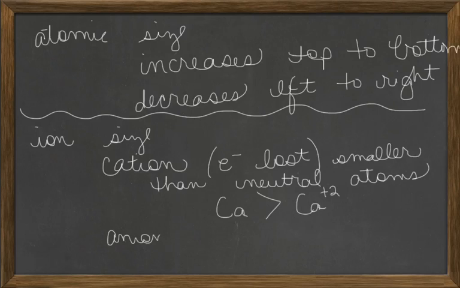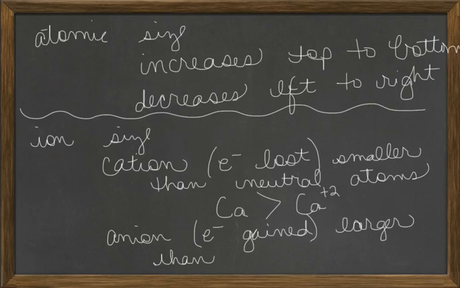Well, in an anion, we know that electrons have been gained, and adding electrons is going to increase the size. So anions are always larger than the neutral atom. So we might write that and say that a fluoride ion is larger than a plain old atom of fluorine.